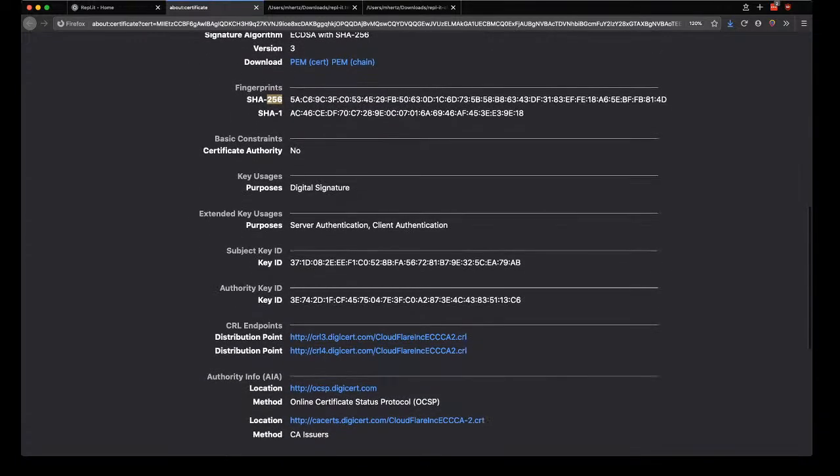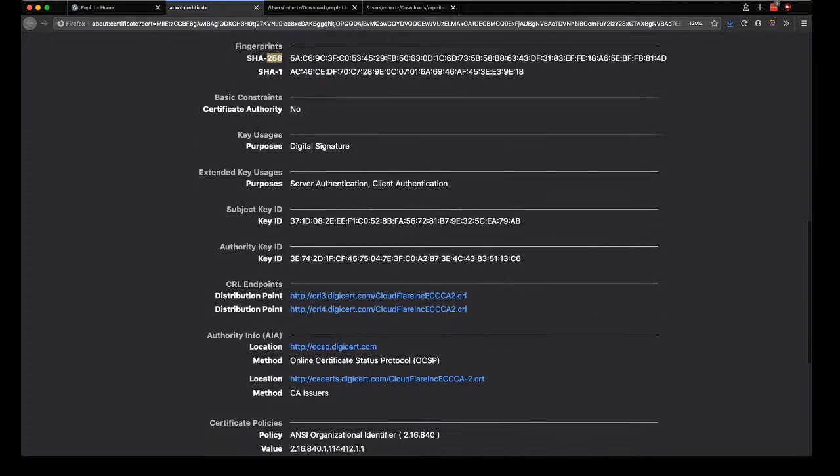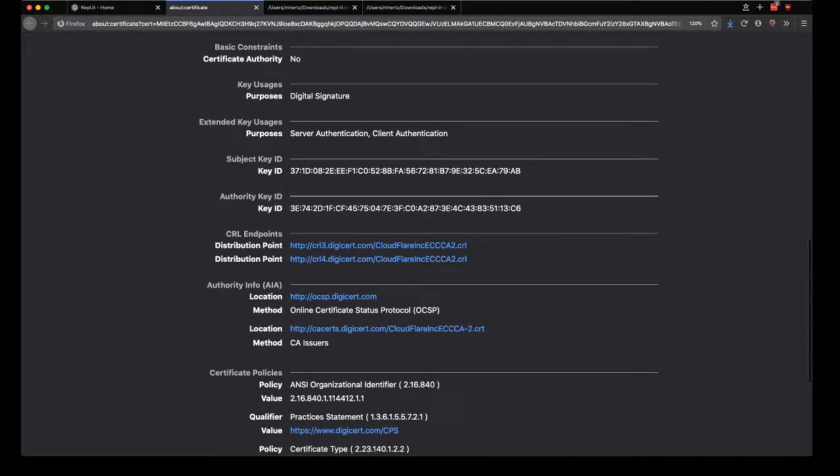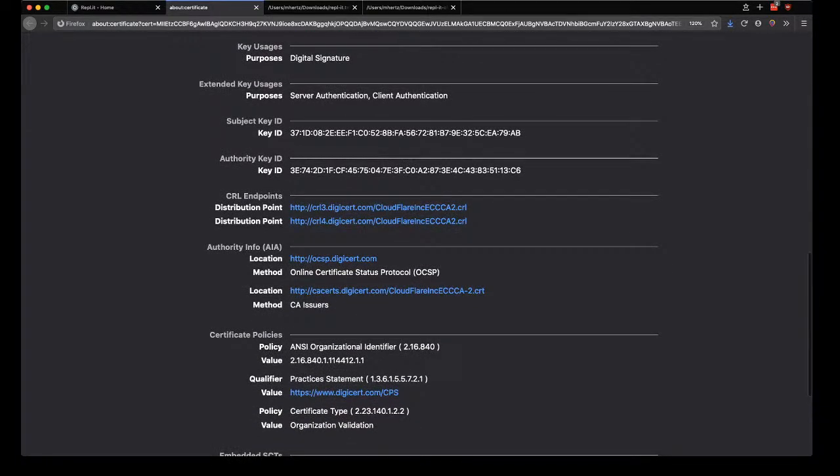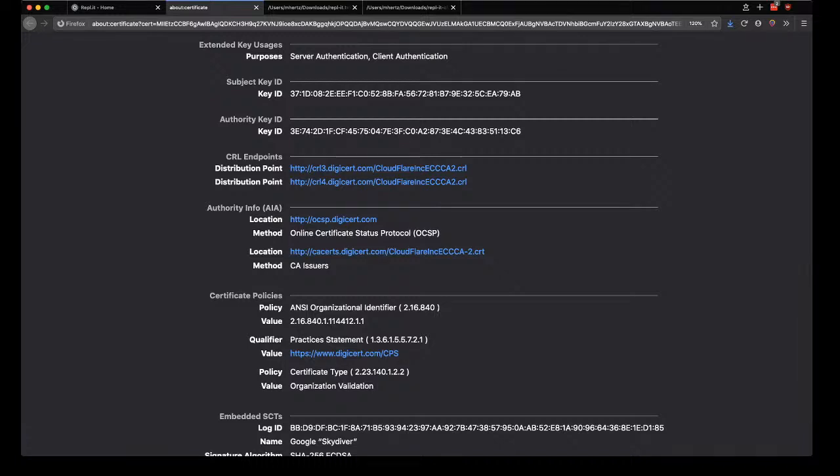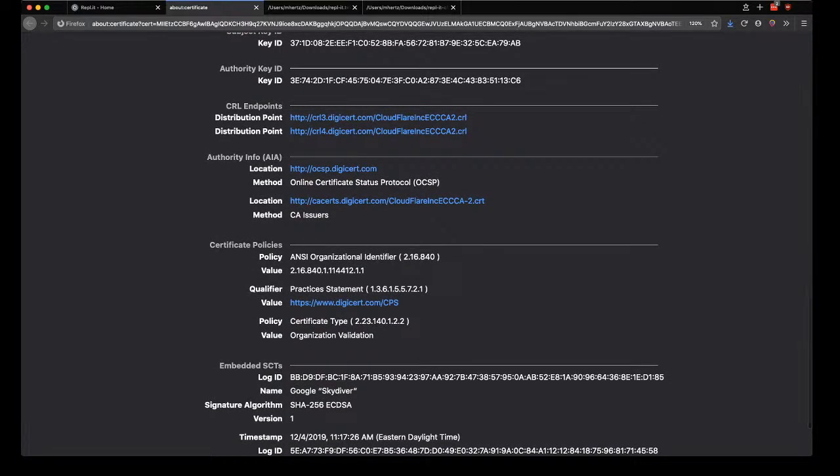You can see the purposes of this, different information. And then what you can see down here, and sort of the important part, is this authority info and certificate policies. And so the certificate policies, that's just telling us how these certificates are going to work. More importantly is the authority info.